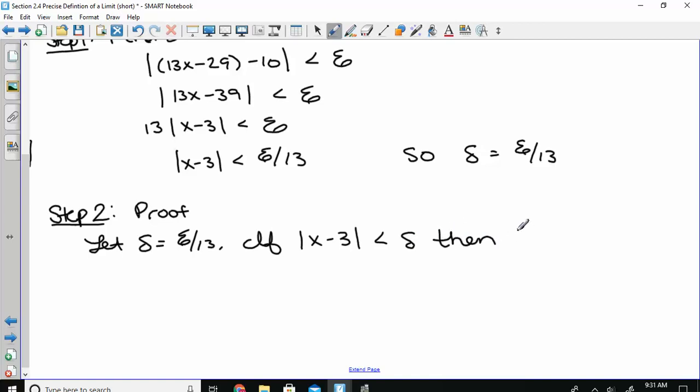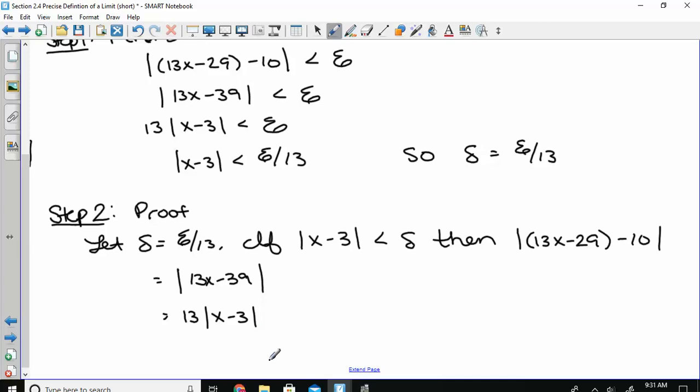And then I'm going to write that sentence. If the absolute value of x minus 3 is less than delta, then the absolute value of my function minus my limit. And now I have to get a less than and an epsilon in my problem. So we're just repeating what we did above in our scratch work. So that's the absolute value of 13x minus 39. You can take out your 13.